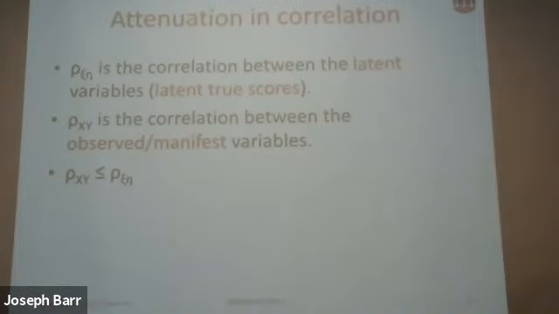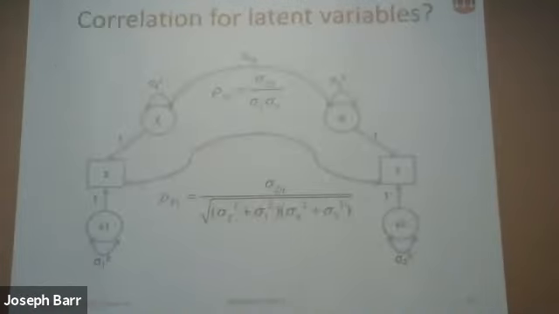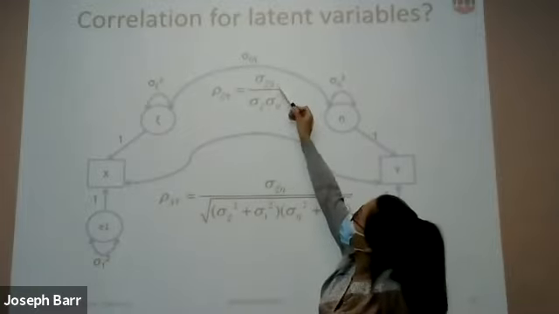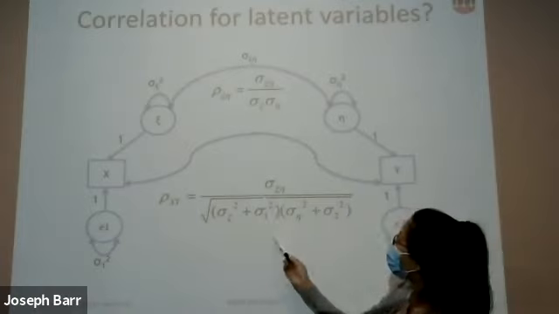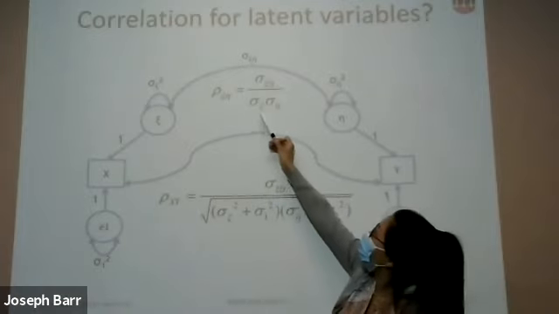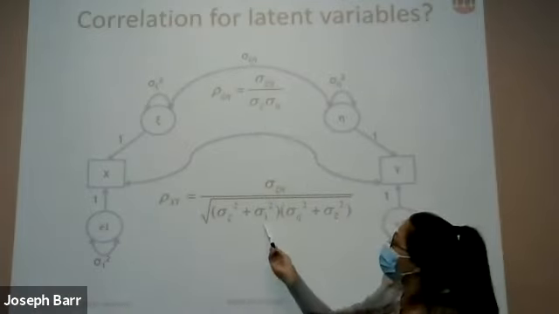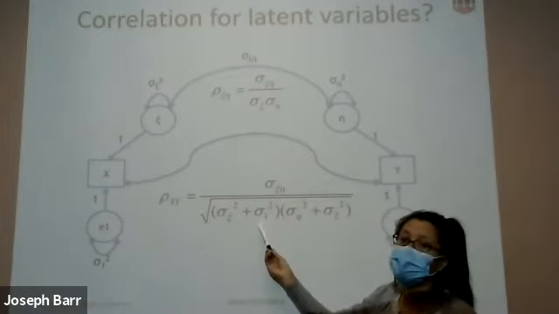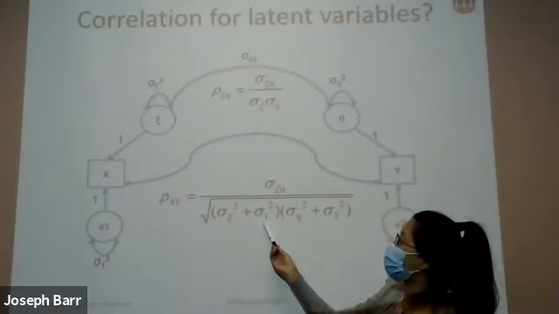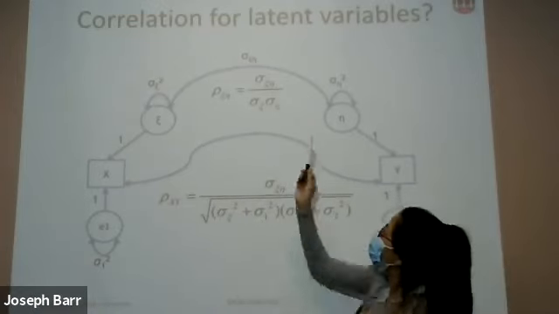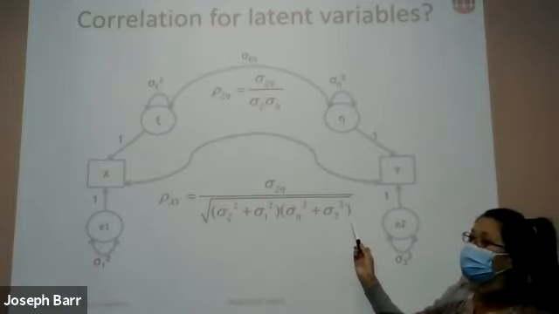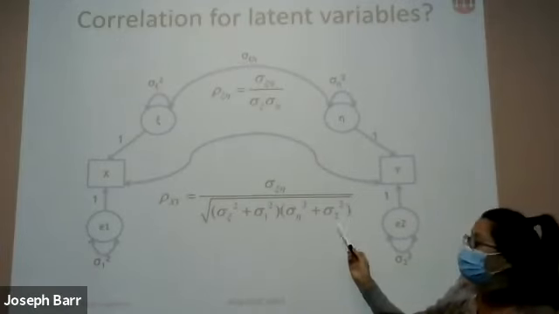Let's check the bottom part. If you do the comparison, the top part is exactly the same. But if you check the bottom part, in addition to this part, we also have some noise involved. This is due to the measurement error of the observed x. In addition, we also have sigma squared for the second measurement error involved.